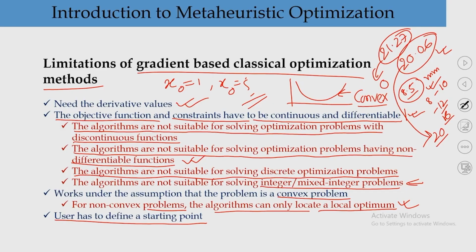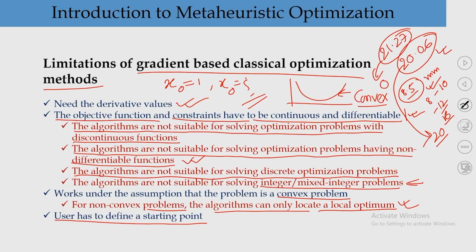Suppose the starting point you have given luckily is near the global optimal solution, or in the particular region where the global optimum solution is. In that case you will get the global optimal solution of the problem.